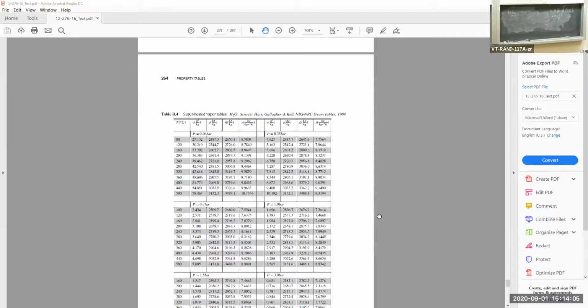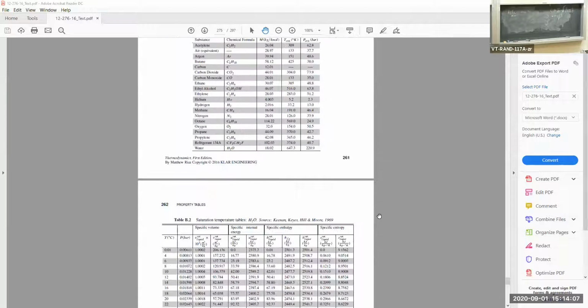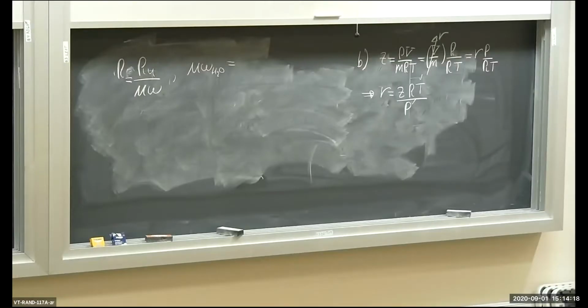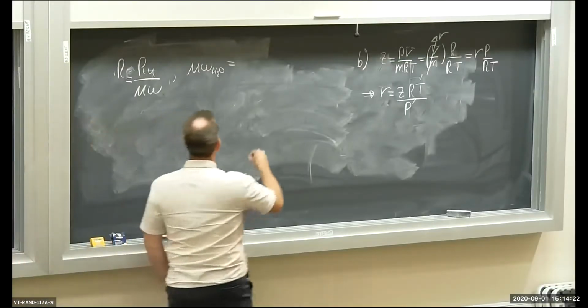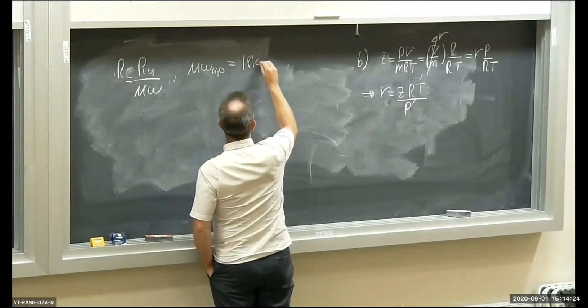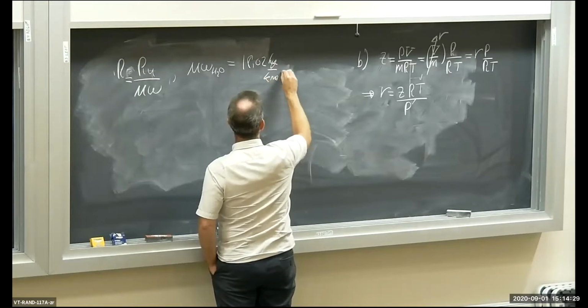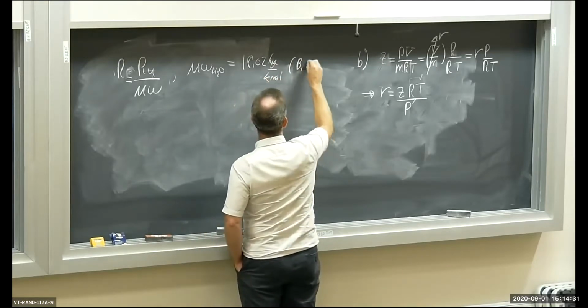Let's go to table B1. Water, molecular weight, 18.02 kilograms per kilomole. And that's from B1, okay?